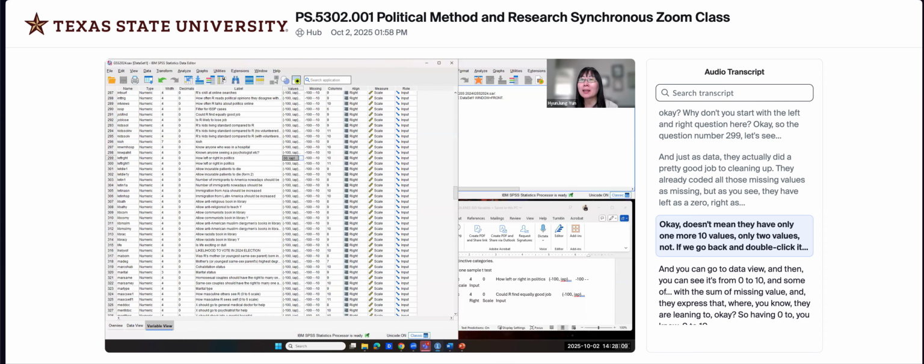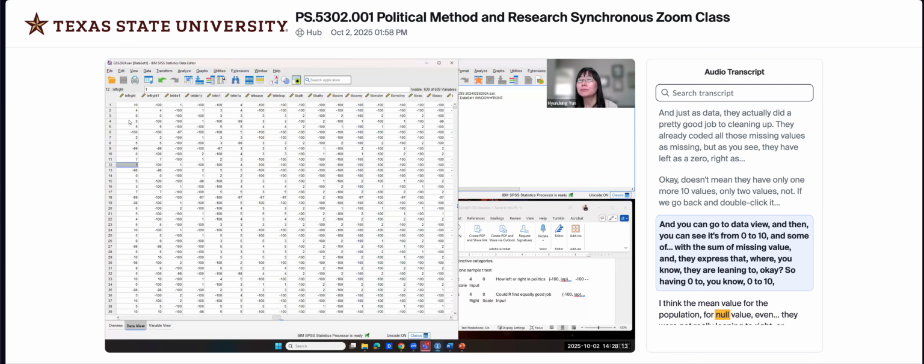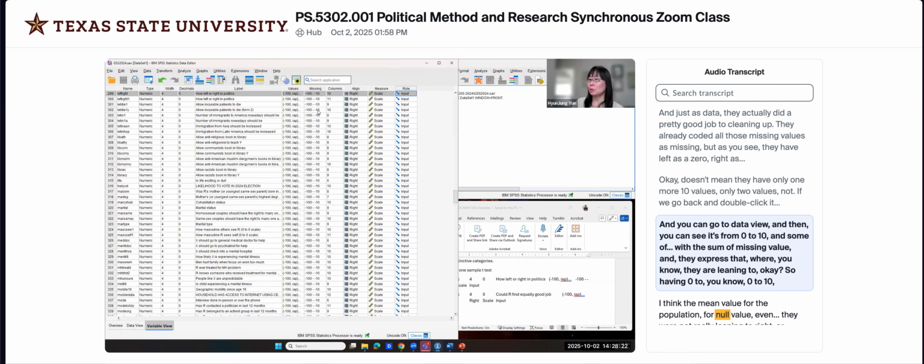If we go back and double click it, you can go to data view, and then you can see it's from 0 to 10 with some missing values, and they express where they're leaning to.